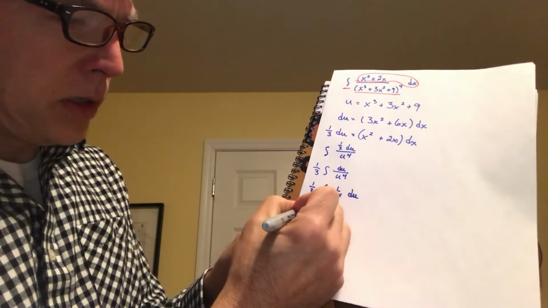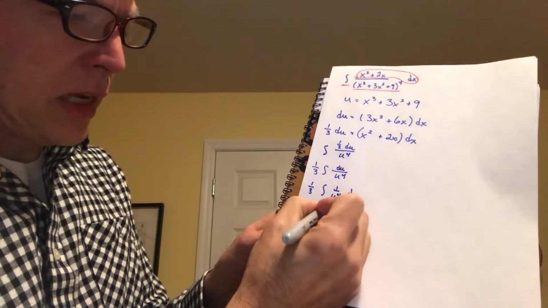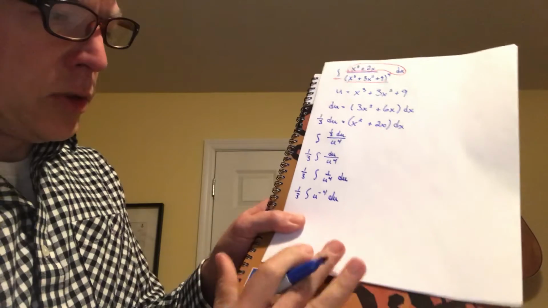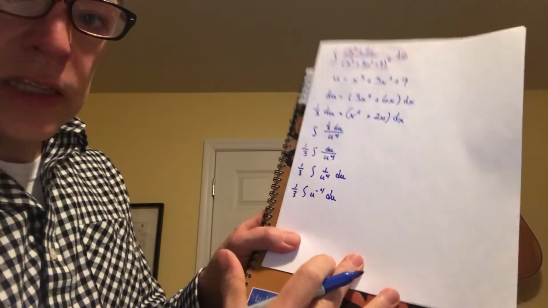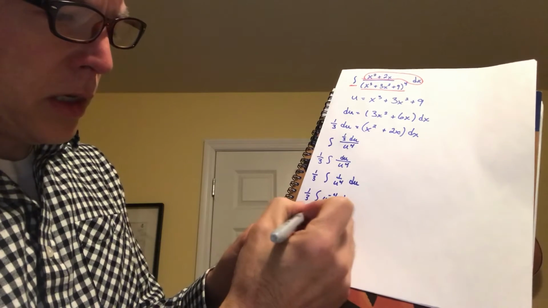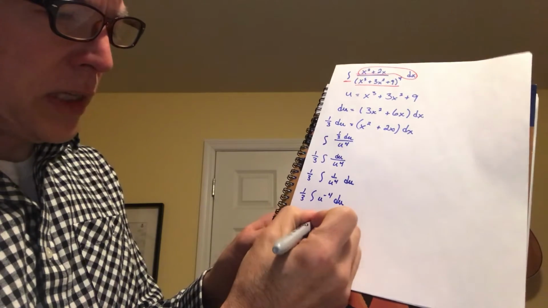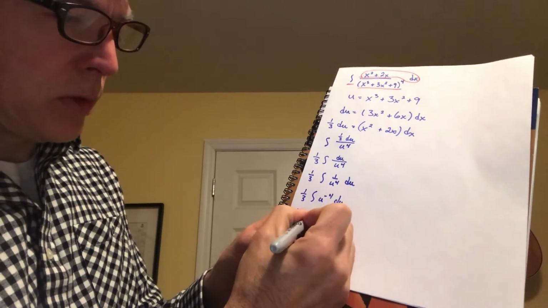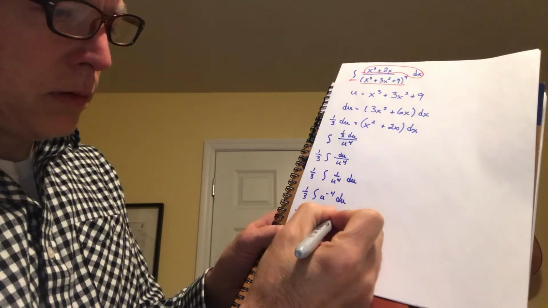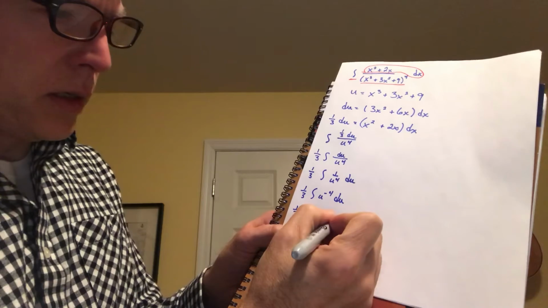I'm just going to write 1/3 u to the -4 du. And then when I do my integration, I take the antiderivative. I'll get 1/3, let's see, negative u to the -3, with a 1/3 up front. Oh, that's it then, right?